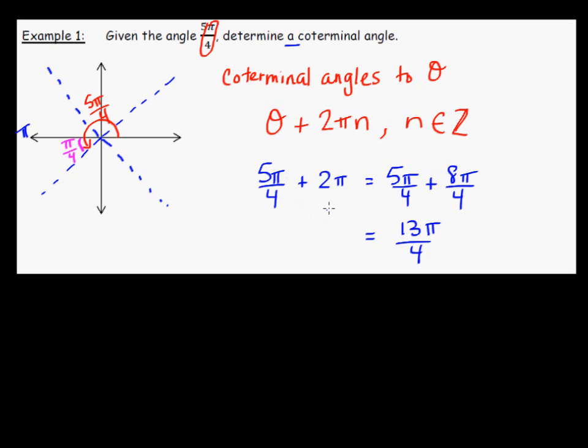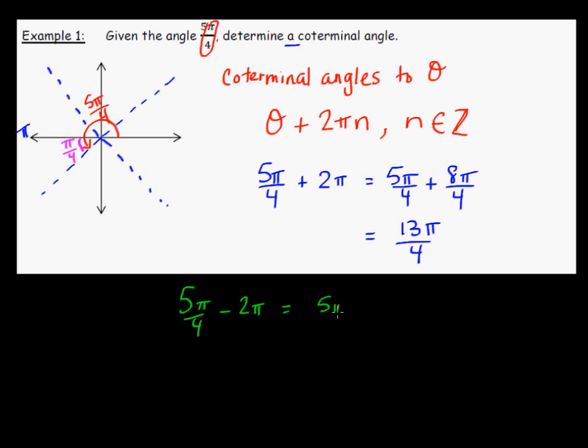That's not the only coterminal angle. I can get other coterminal angles by putting in other multiples, so other integer values for n. Let's say, for example, I put in an n value of -1. Well, that would mean we're ending up with a negative angle, because I would take 5 pi by 4 and subtract 2 pi. So I'm using the n value of -1 now.